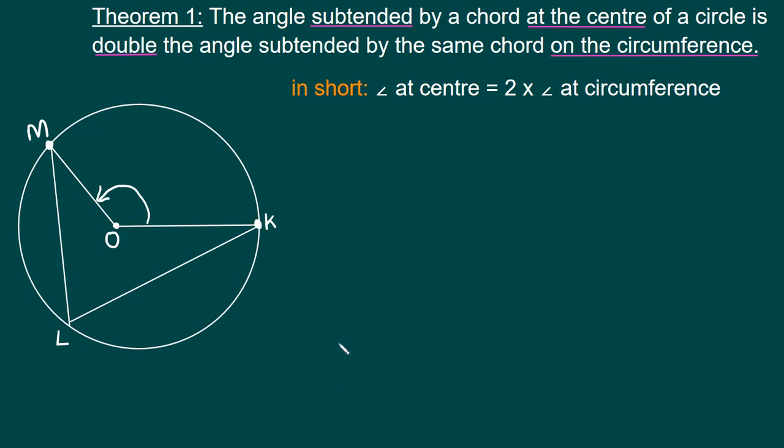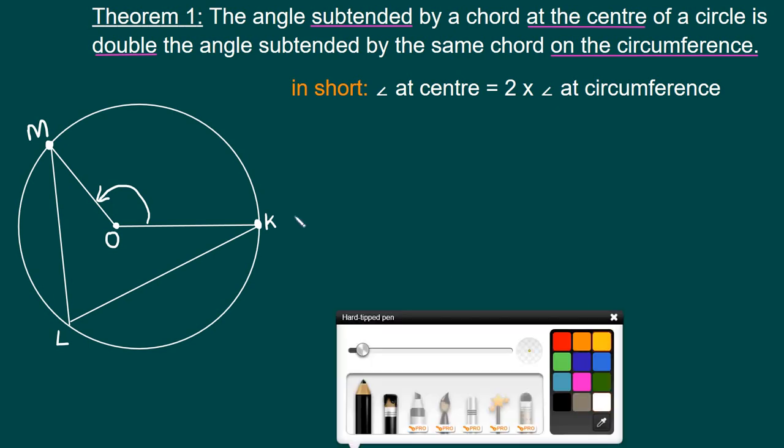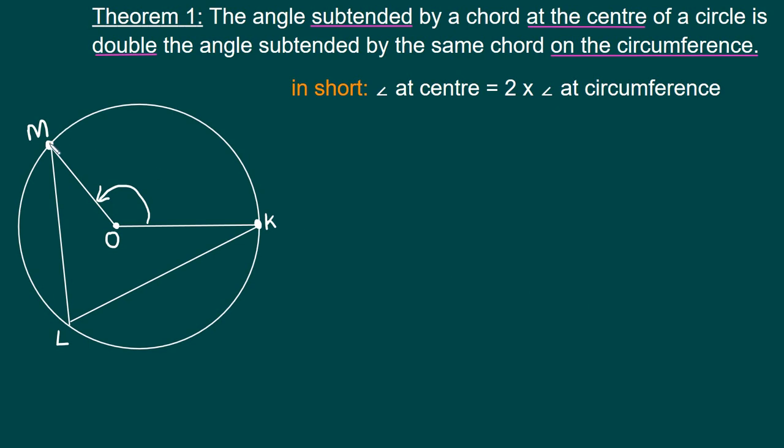All right, now the first one says the angle subtended by a chord. Which means if I were to draw a line on MK here, I would have a chord, and that chord would form an angle at the center, that is to subtend. That chord would form this angle here because it will be 2 lines.